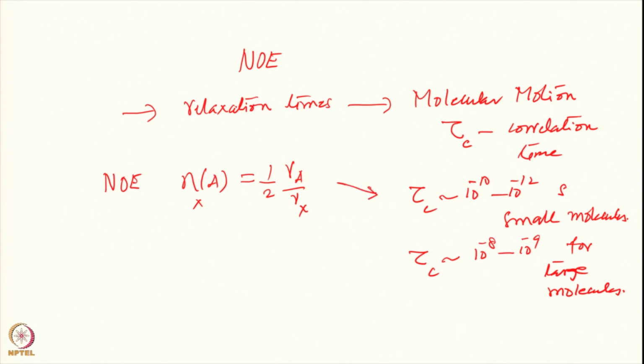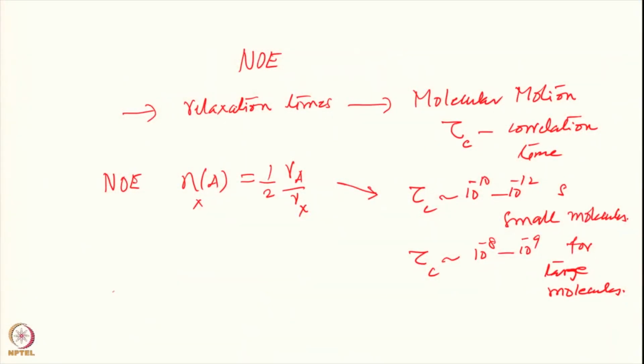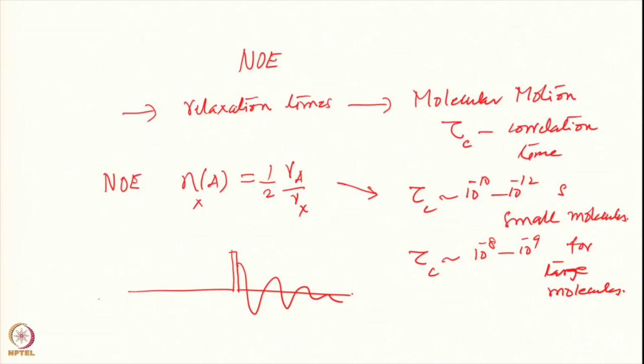So, what will be the kind of NOE? This is the steady state NOE. Steady state NOE means the experiment is done in this manner: I have the FID collected here, and I do a pre-saturation perturbation on one particular line.